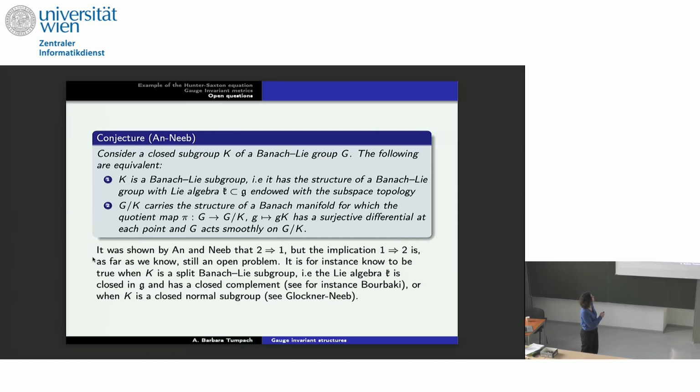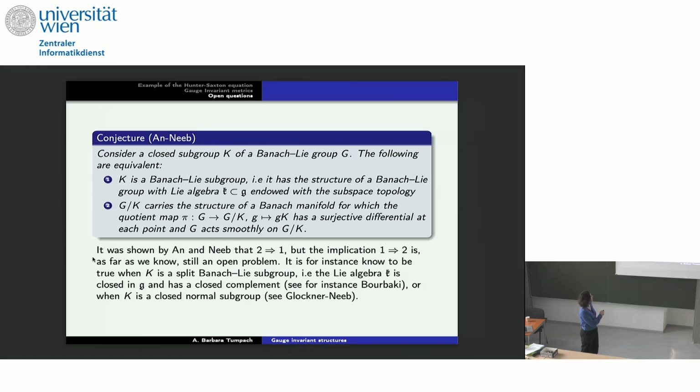You suppose that K is a closed subgroup of a Banach-Lie group G, in the Banach category. One: K is a Banach-Lie subgroup, in the sense that K has the structure of a Banach-Lie group with Lie algebra continuously embedded into that of G with the subspace topology.